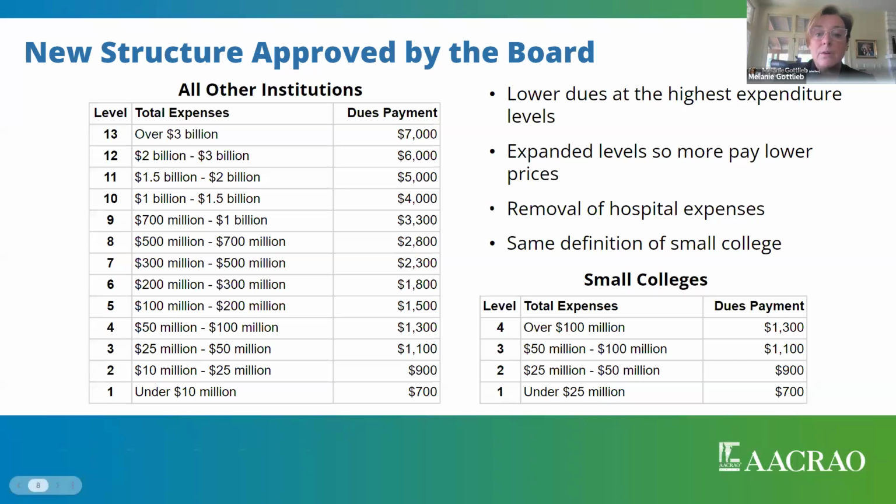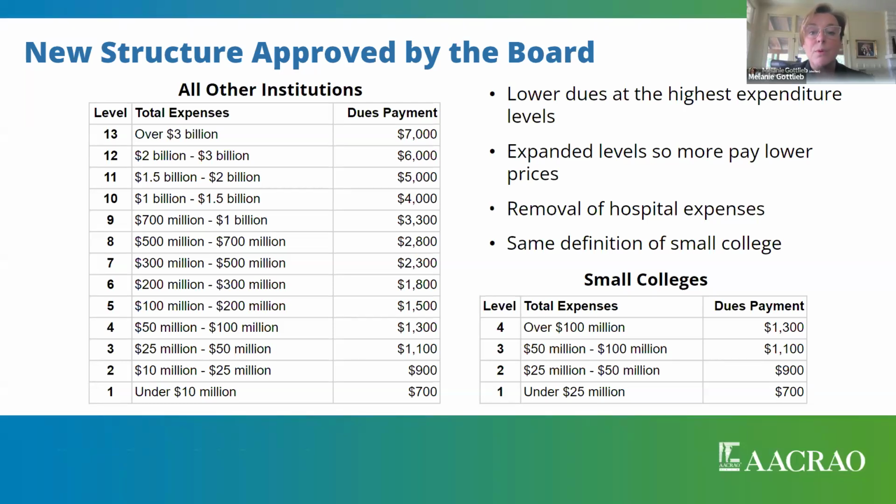As you can see here, the small college category condenses the dues chart from 13 levels to 4. It caps the price for any small college at $1,300, which is much lower than the $7,000 rate for larger institutions at the higher expenditure levels.